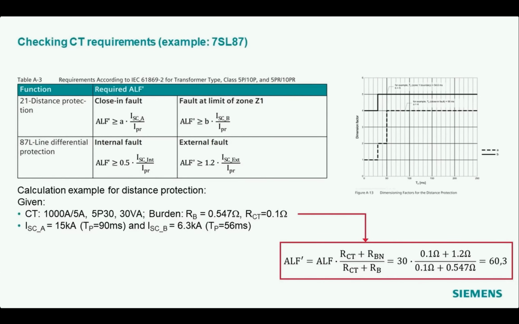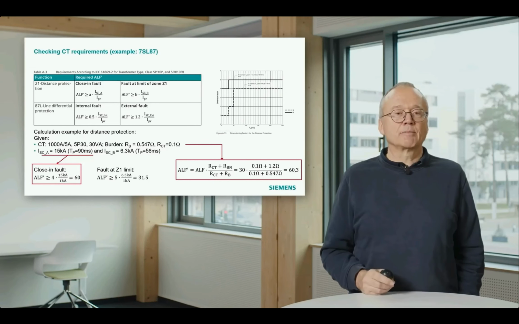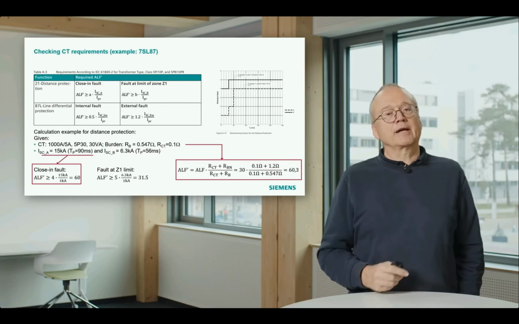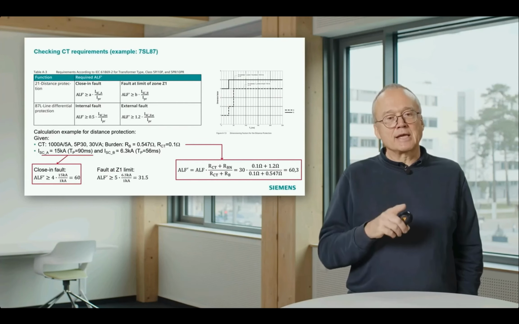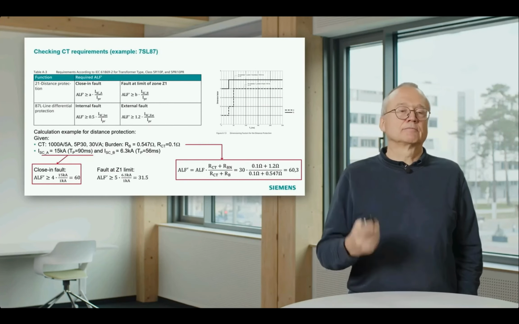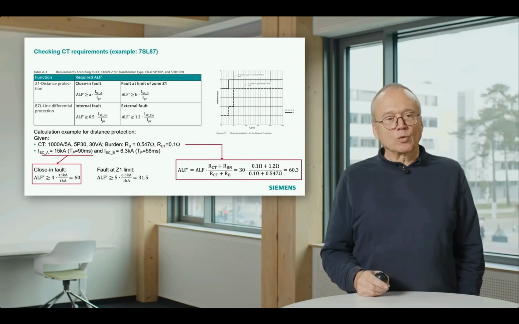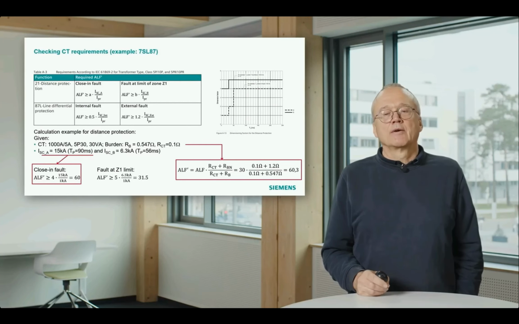And now we check what is the requirement. And there we have to consider the two cases, the close-in fault and the fault at the zone limit. Let's first of all look at the close-in fault. The requirement says, if you look into the table, the effective accuracy limiting factor must be bigger than A multiplied by the short circuit current divided by the rated current. If we go into our diagram with the 90 milliseconds, we find that the factor A should be set to 4.